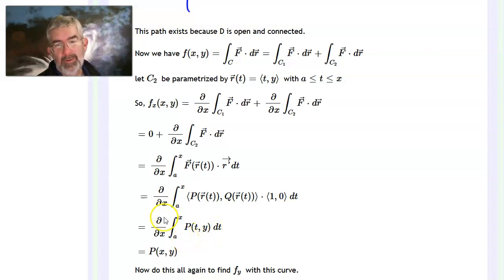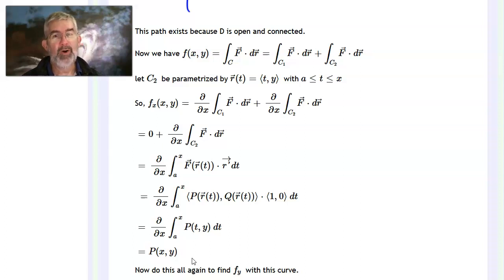I've got the derivative with respect to x of the integral from a to x of p of t comma y dt. This is the fundamental theorem of calculus part 2. No, part 1, that says the derivative of this integral is just p of x comma y. That is, you just replace the t with an x, and that's what the derivative is. If you find an antiderivative and you take the derivative, you go back to where you started from, right? Except that you plugged an x in instead of t.